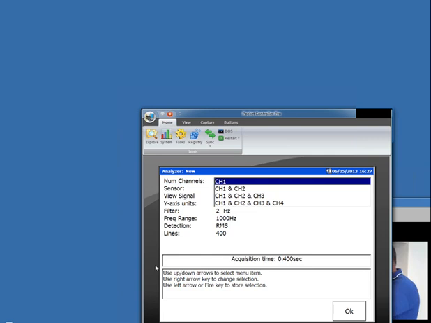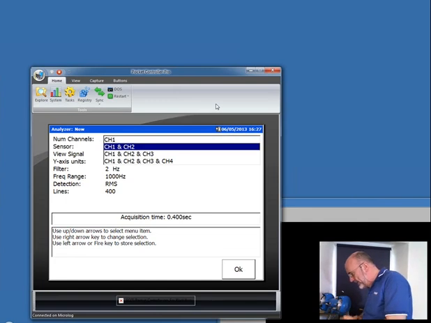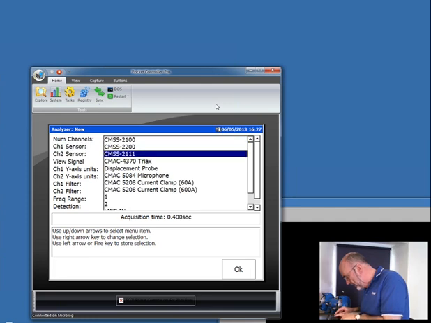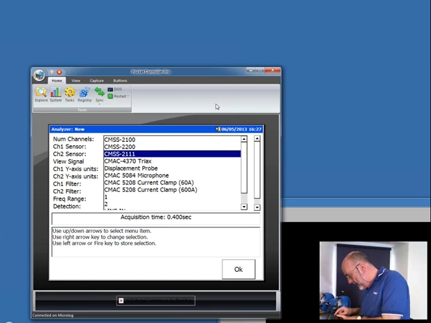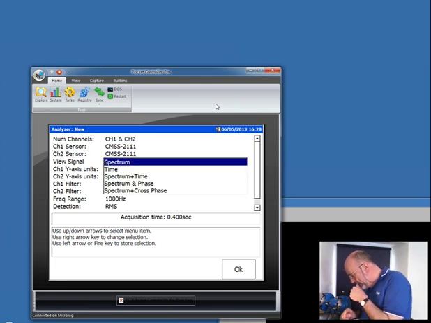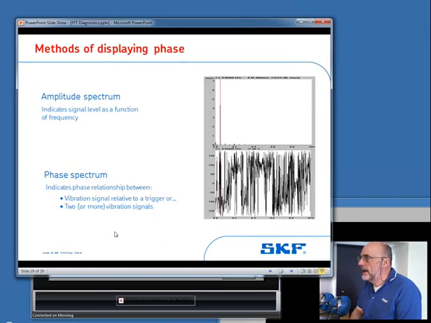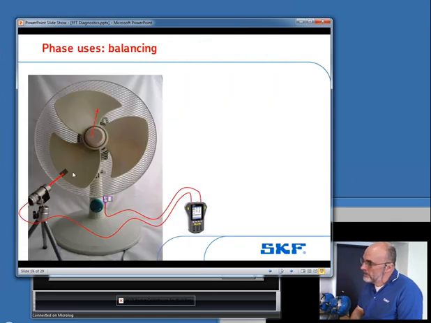I'm going to use 2 accelerometers. Whoops, would help if you could see me, wouldn't it? So there we go. Hello. So I'm going to use 2 accelerometers. The accelerometer type is a 2111. That's on both channels. Where it says spectrum and phase, that's where we would be using a piece of reflective tape and a laser tack.